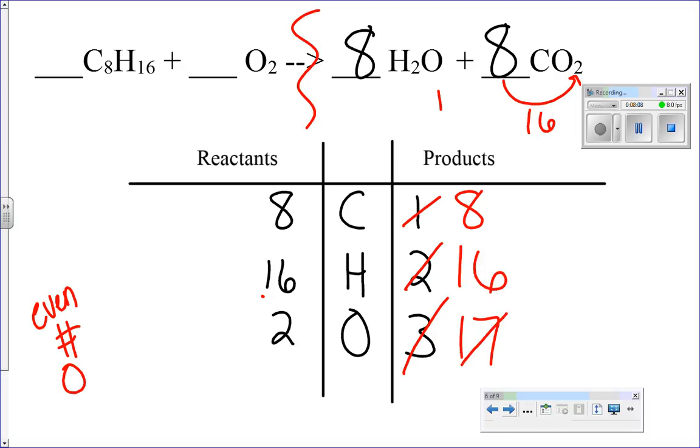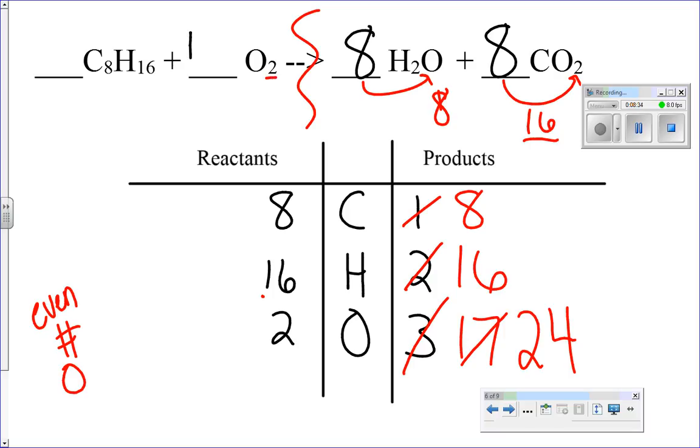I have also affected my oxygens. I still have 16 in this term. In this term, I have 8 times 1, or 8 oxygens. 8 plus 16 is 24 oxygens. Combustion does use up a lot of oxygen. So now that I have my 24 oxygens here, I've got to go back over to the left-hand side because of this little tiny 2 right here.